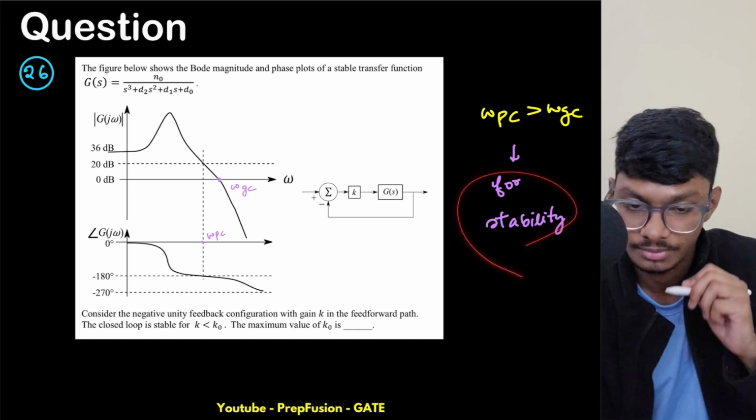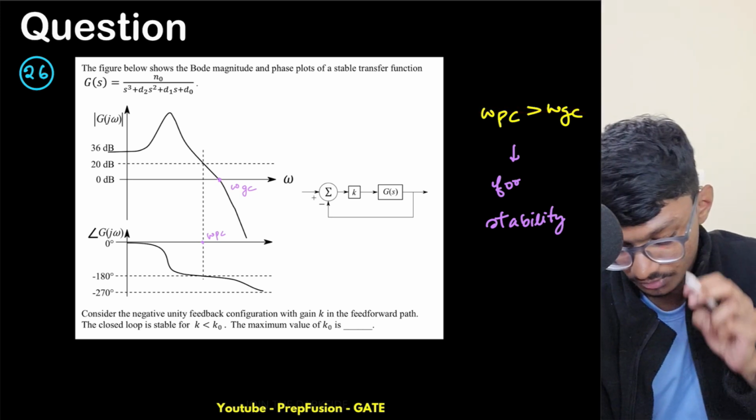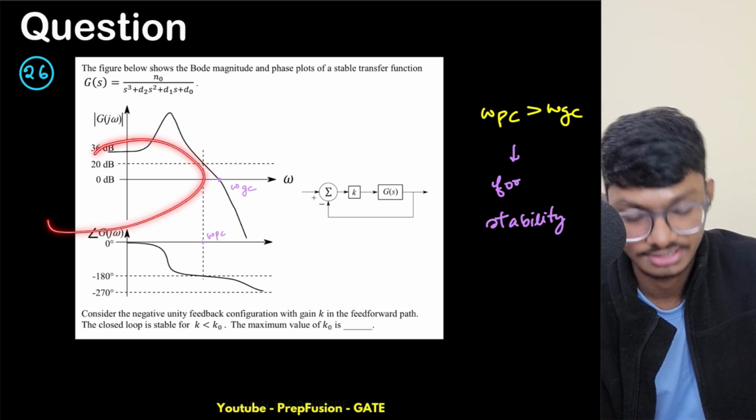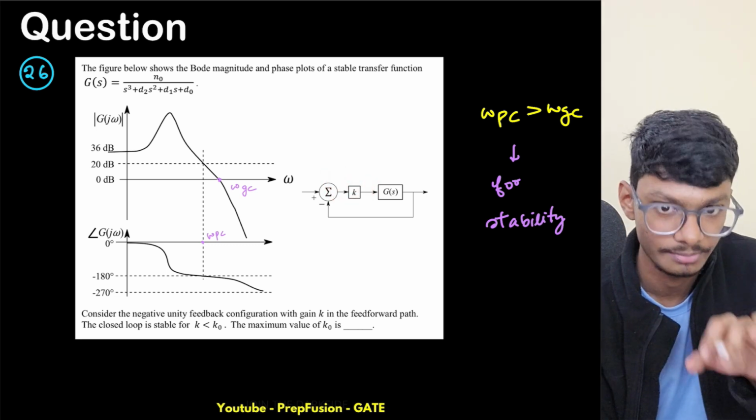Is it the case here? It isn't. From here I can understand that my system is currently unstable, but with the variation of K I can make it stable.